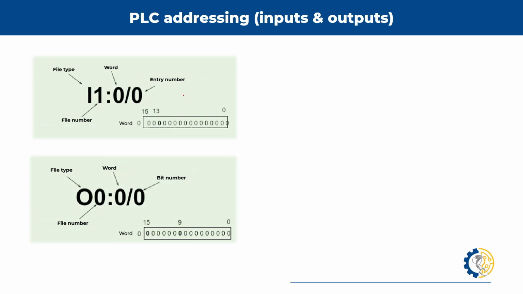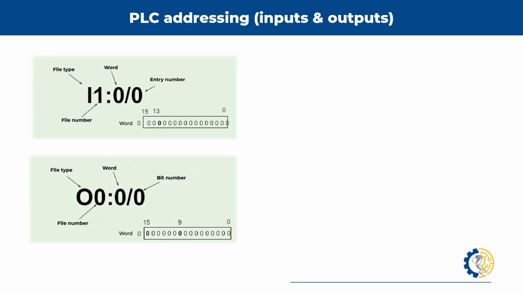So we need to identify, so that I can indicate to my PLC what I'm connecting here. And I need to indicate what I'm going to use in our PLC, which in this case we're going to identify as file type. Now, what do you think this is? This means input. So this is an I.